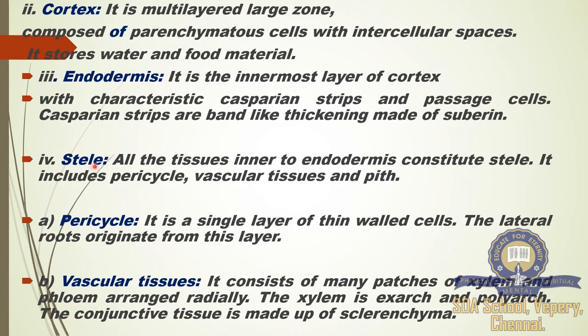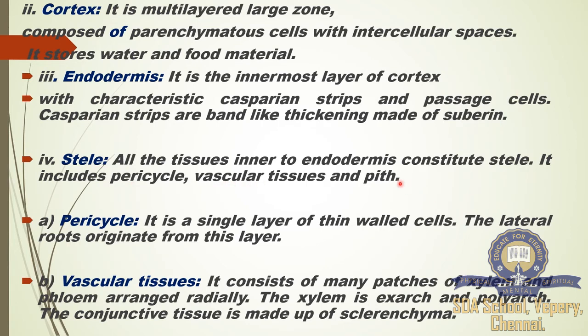Next, stele. All the tissues inner to endodermis constitute stele. It includes pericycle, vascular tissues and pith. Vascular tissues, we already know, are xylem and phloem.